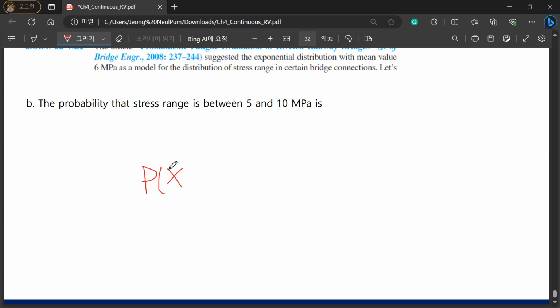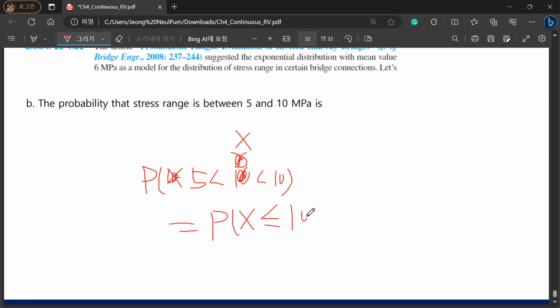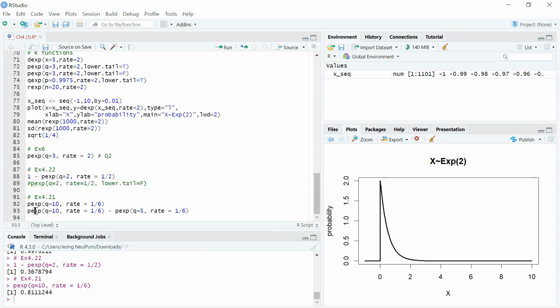This is also the same as when our x value is between 5 and 10, which is the same as, oh sorry, capital X. This is the same as when our capital X random variable is less than or equal to 10 minus the probability when X is less than or equal to 5, which is the same as this part here. So you can get the result like this.